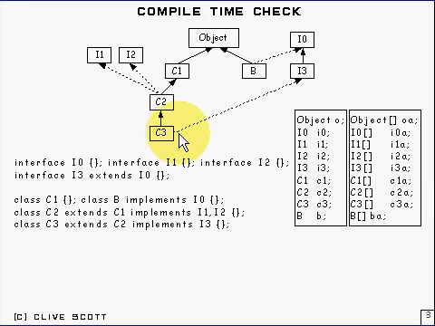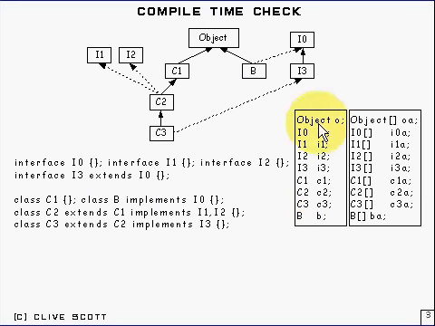I've indicated implementation with this dotted line and extends with this solid line here. So that setup there is pretty much what all this down here does. I've left the details of what these interfaces are unspecified because it's not important to the discussion. Neither are the details of these classes.